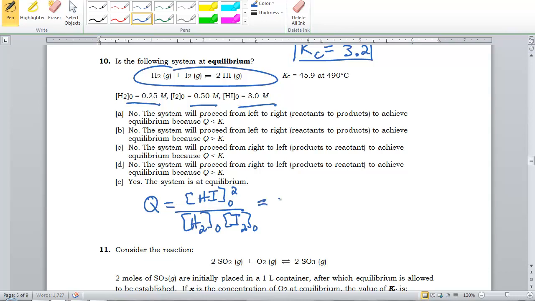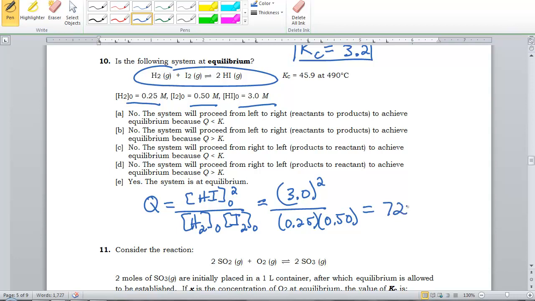So plugging in the values, we were given molarity directly, so we can just plug those in. Hydrogen iodide was 3 molar. Hydrogen is 0.25 molar. And iodine is 0.5 molar. Come up with 72.